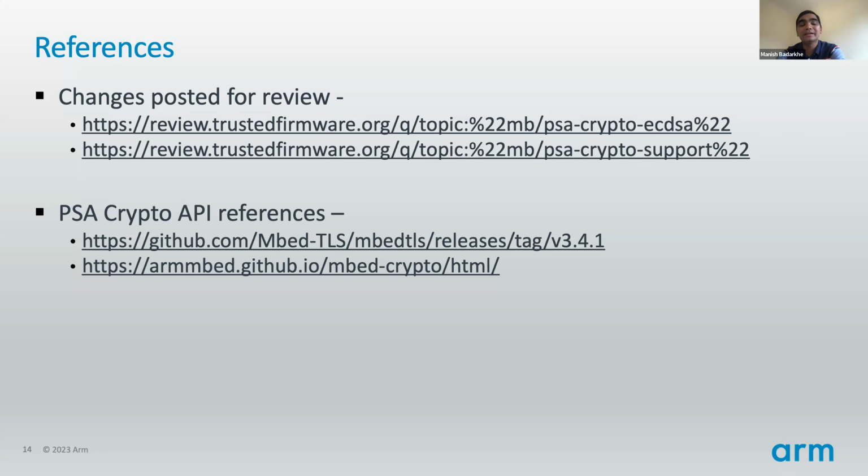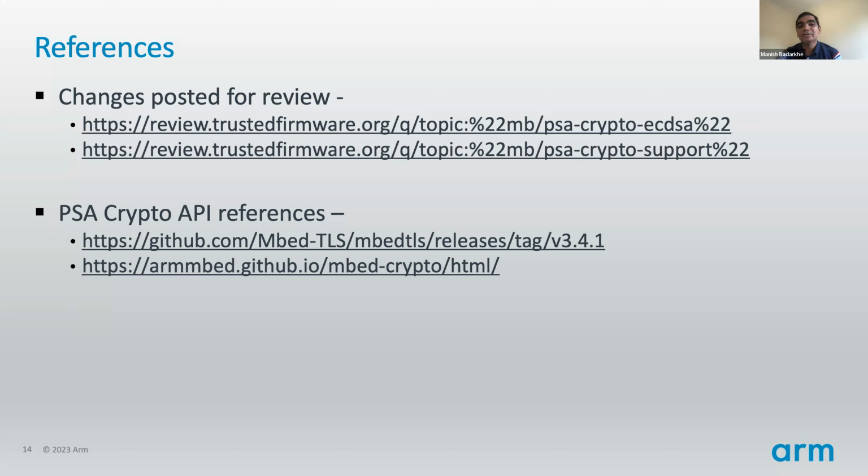The reason behind it, they said, is that most of the consumers want the ECDSA signature verification API to have raw format input. When you are using ECDSA, the API is expecting the raw format data.